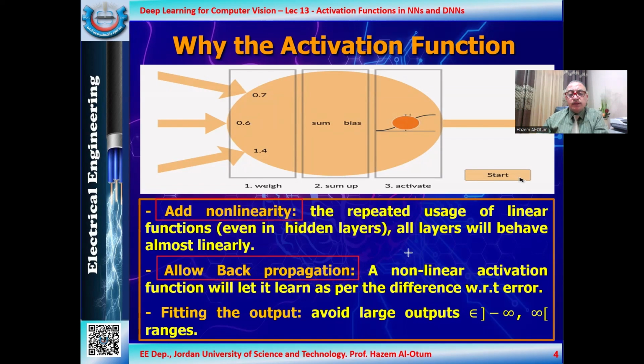Now, another very important feature is to allow back propagation. We'll talk about this in detail in the next lectures. If you want to track the improvement or the performance of your system, your ANN or DNN, you sometimes need to see what changes are made on the weights and the biases. In this case, you need to measure the error or find the rate of change in these values.